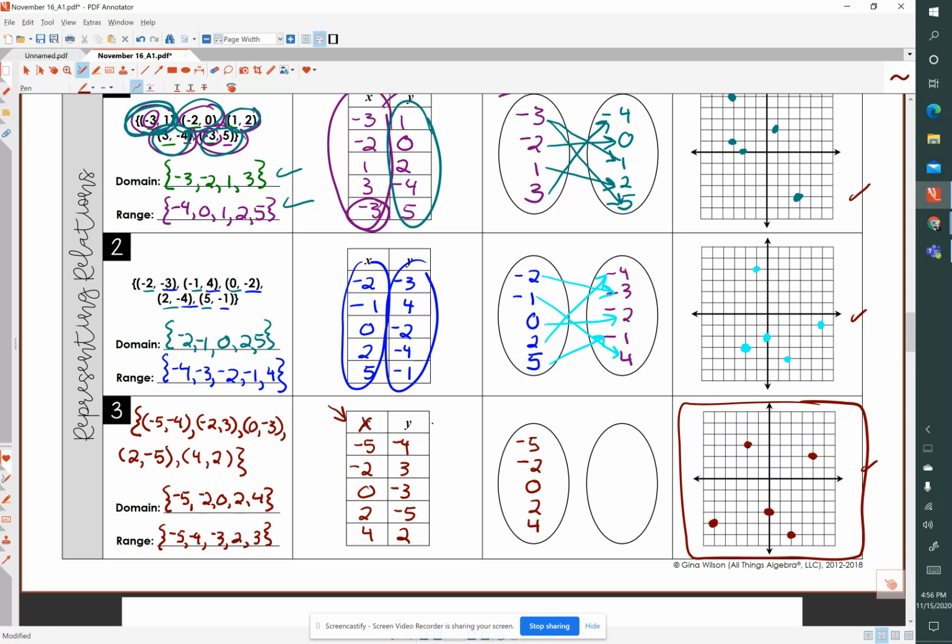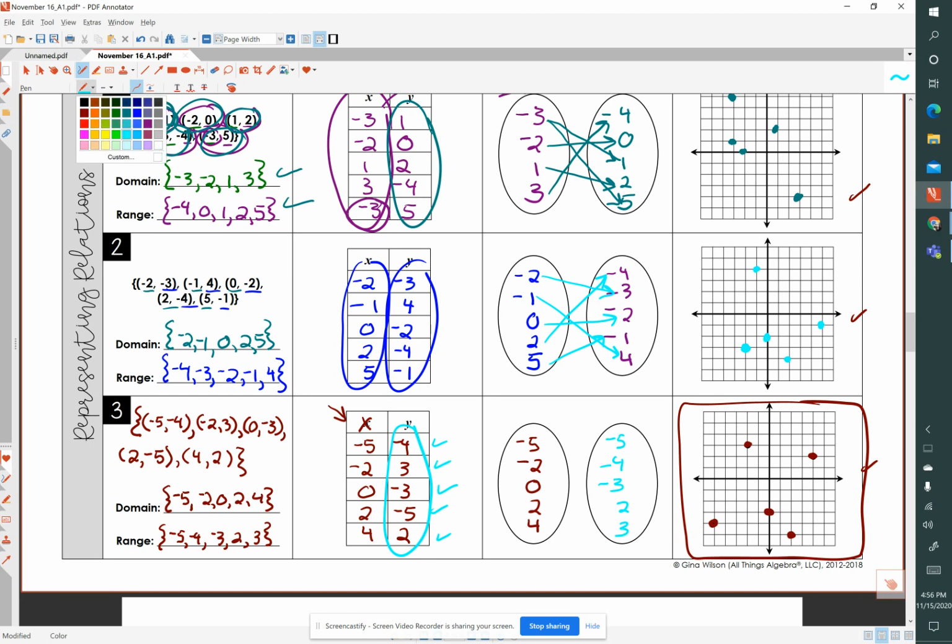Now, I'm going to go ahead and list the range, but I'm going to do it in order from least to greatest. So it would be -5, -4, -3, 2, and 3. I've got them all.